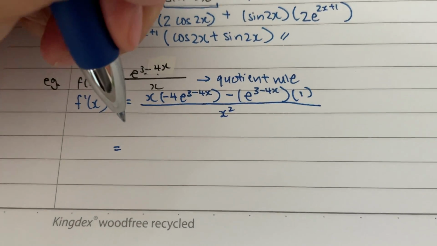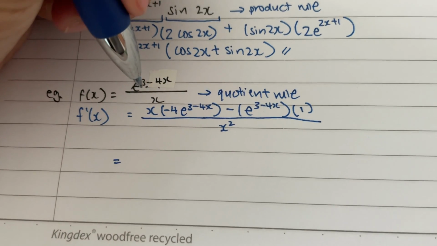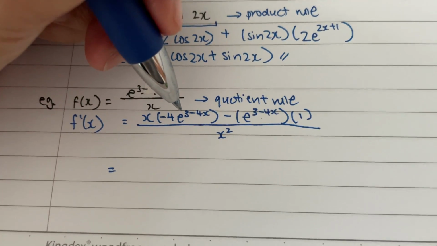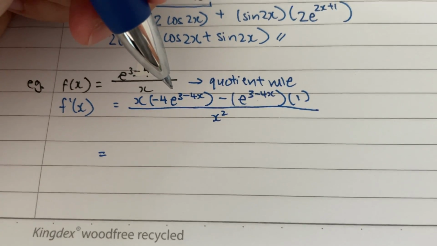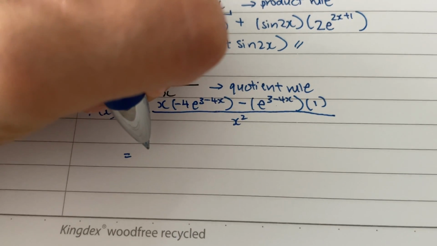Now let's try to factorize out anything. What we see in common is e to the power of 3 minus 4x, right?